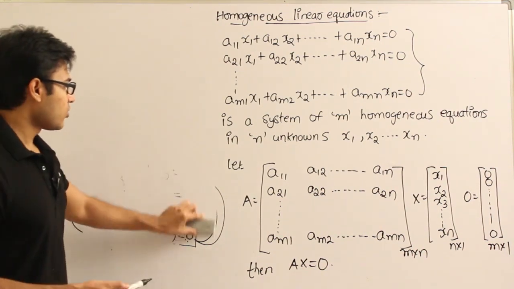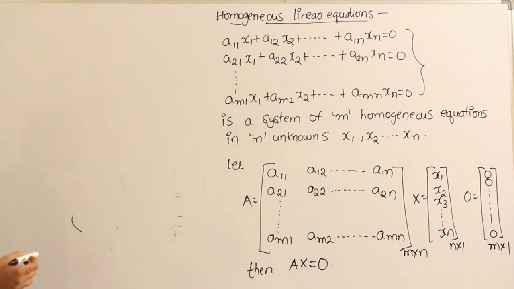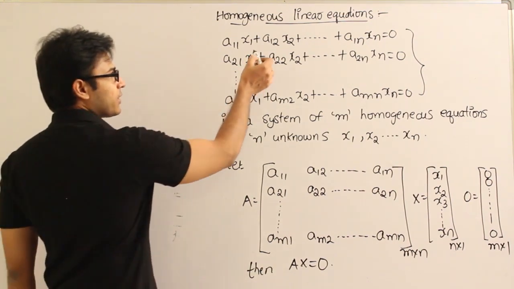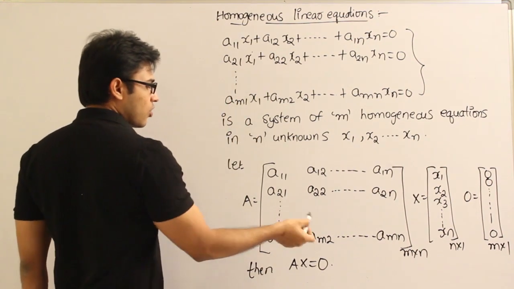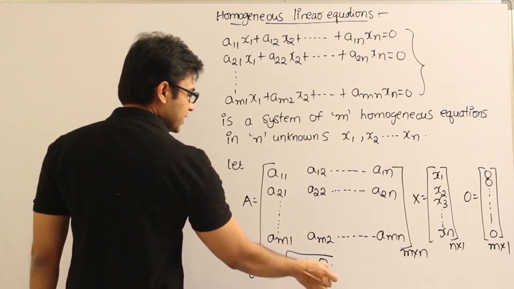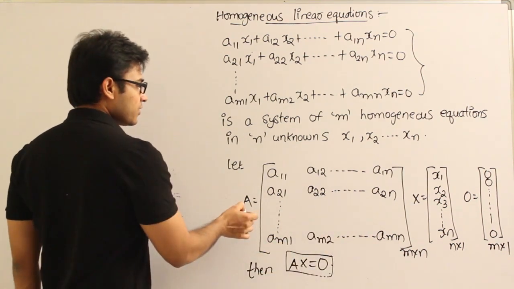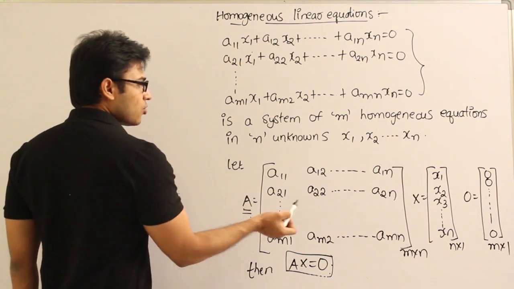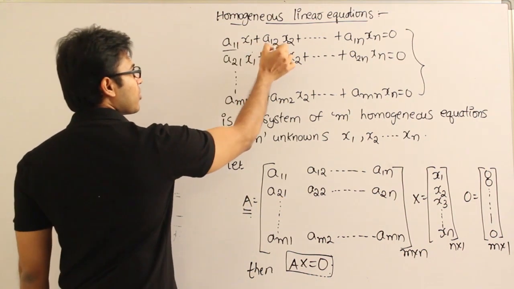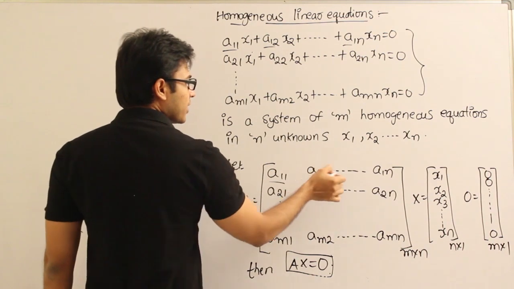Okay, so here what I mean to say is, you can write these equations in the form of a matrix equation like this, AX equal to 0, where A is nothing but the coefficient matrix, which means I have taken all the coefficients and arranged them here.